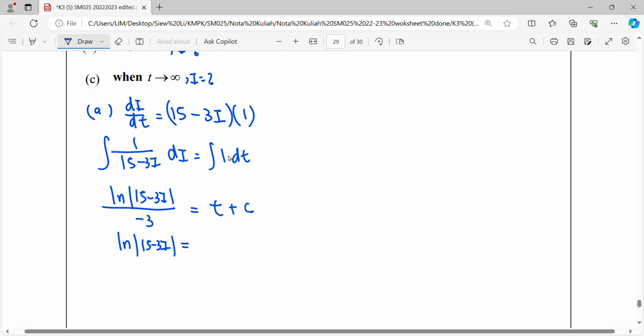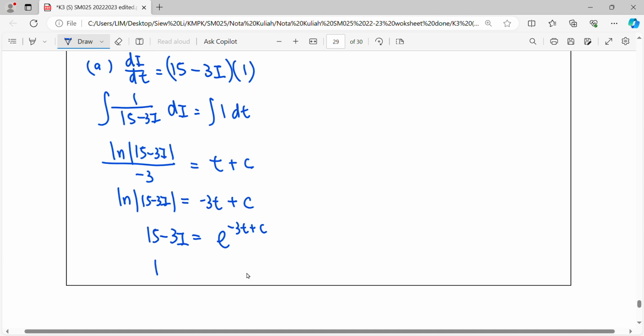Then simplify, multiply this 3 up to the right hand side. So 3c, we remain it as c. Then we simplify the ln here. So we have a base e to the right hand side, and the function here becomes a power. Then we simplify the power. So e to the -3t plus c means it multiplies with the same base, e to the c.